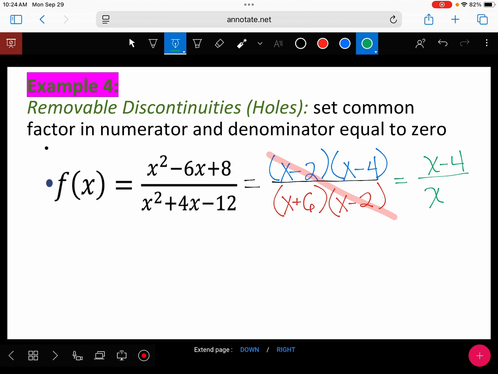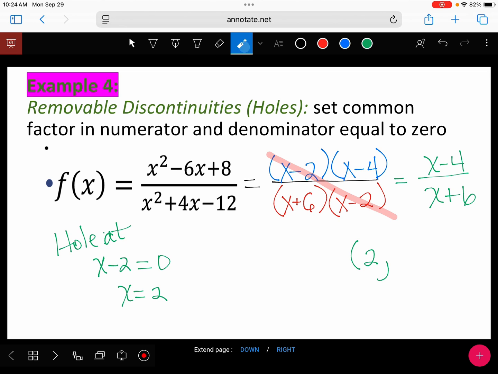So this would be the function that we would graph, but our hole, okay, so we have a hole at, we take the factor that cancels, which is x minus 2. So we have x equals 2. That's the x value of the hole. And then to find the y value, I'm going to substitute that positive 2 into the equation that we have remaining.